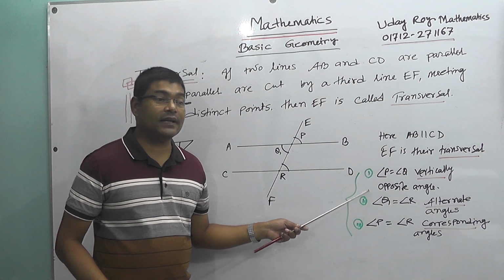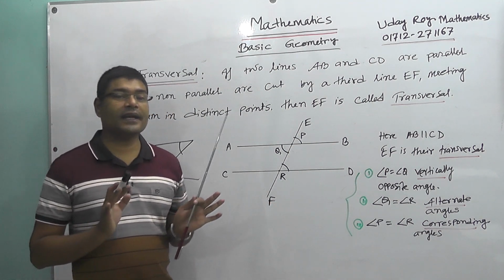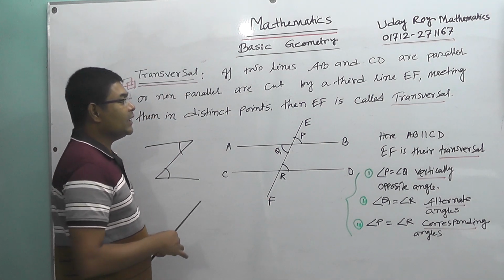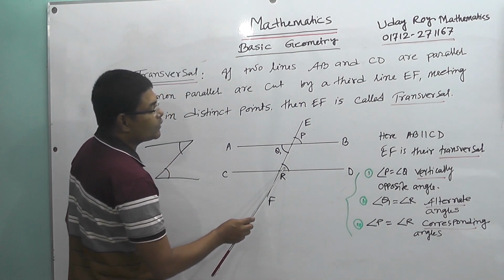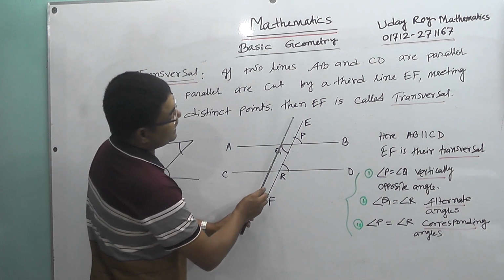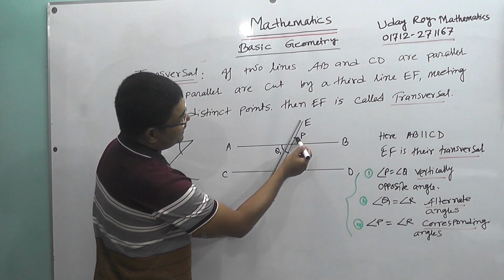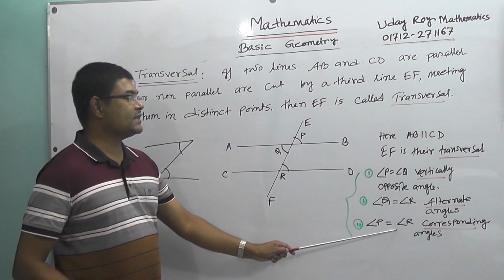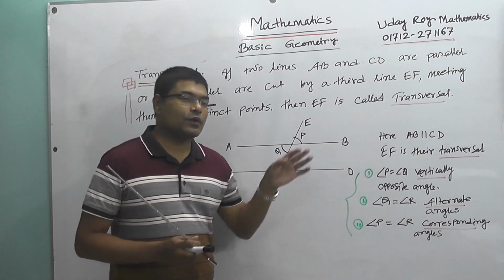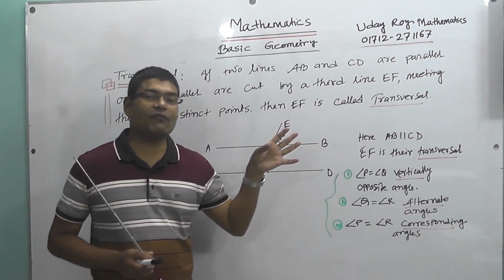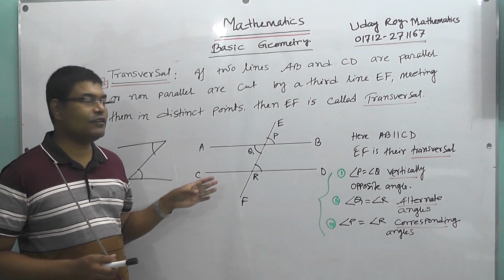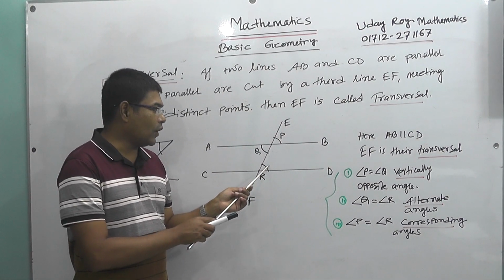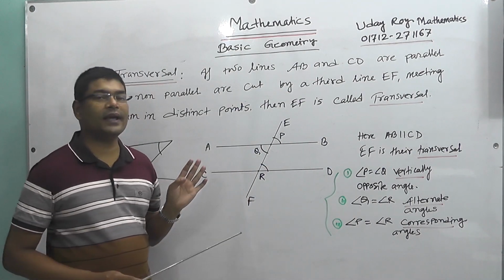Alternate angles are always equal. And you can see angle P equals angle R. This is the corresponding angle. So from this figure we have learned transversal, vertically opposite angle, alternate angle and corresponding angles.